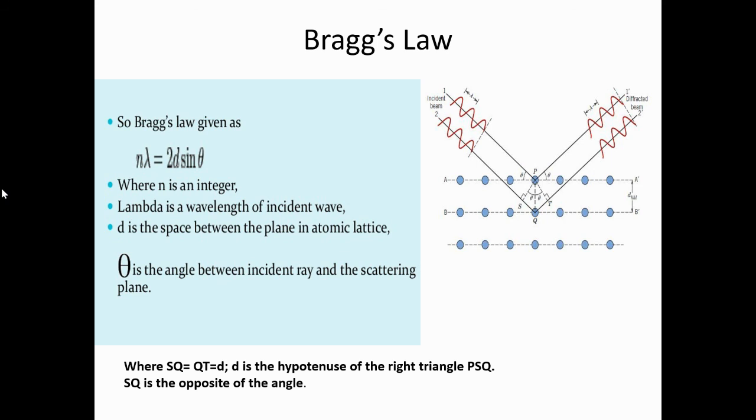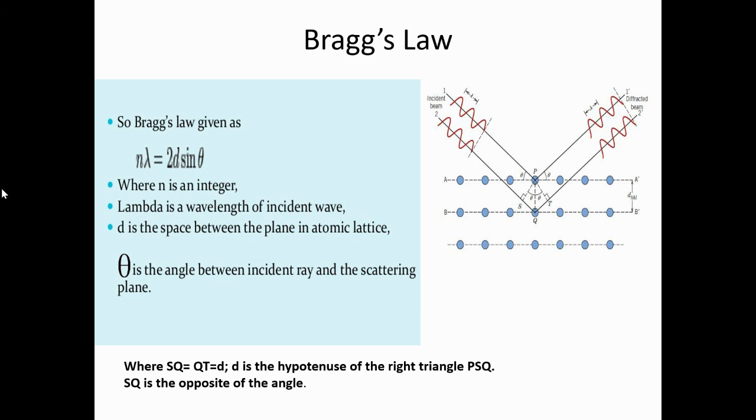Okay, so you can say that n lambda equals SQ plus QT, which is actually 2SQ, because SQ equals QT, and as the distance between the two layers is d, you can say that n lambda equals 2d sin theta.